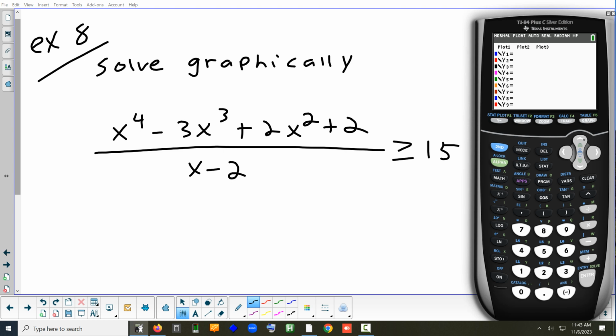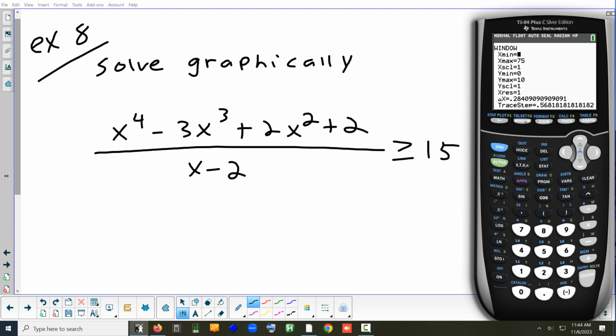Parentheses. Yeah, you're definitely going to need parentheses. So (x to the 4th minus 3x cubed plus 2x squared plus 2) divided by (x minus 2). And then you need to set Y2 equal to 15. Yep, we're going to put that at 15.